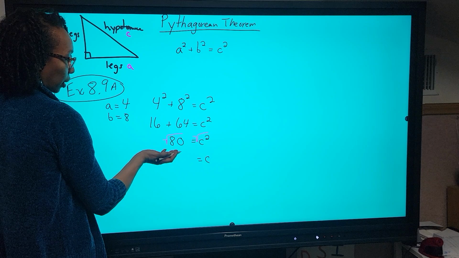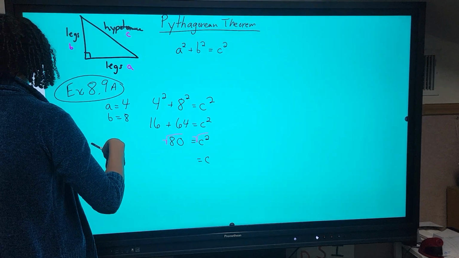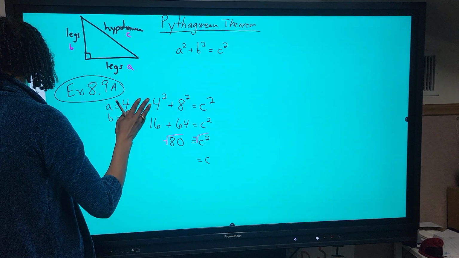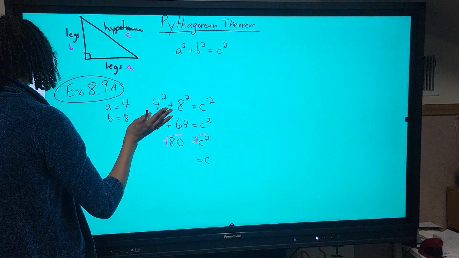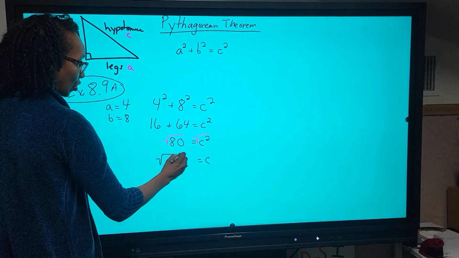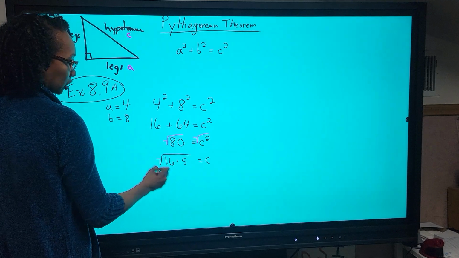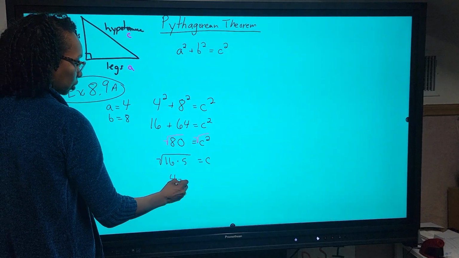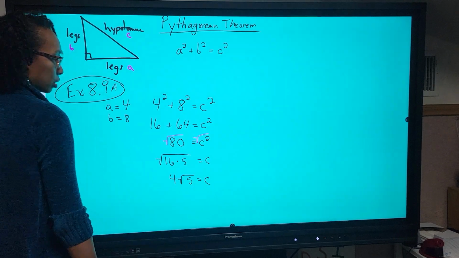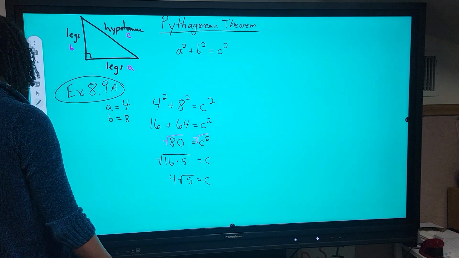It's not a perfect square, but we know we can divide 80 by 4. Let's see. Actually, no. We can divide it by 16. Then take the square root of 16, which is 4. And then we have our solution for C. C is equal to 4 square root of 5.